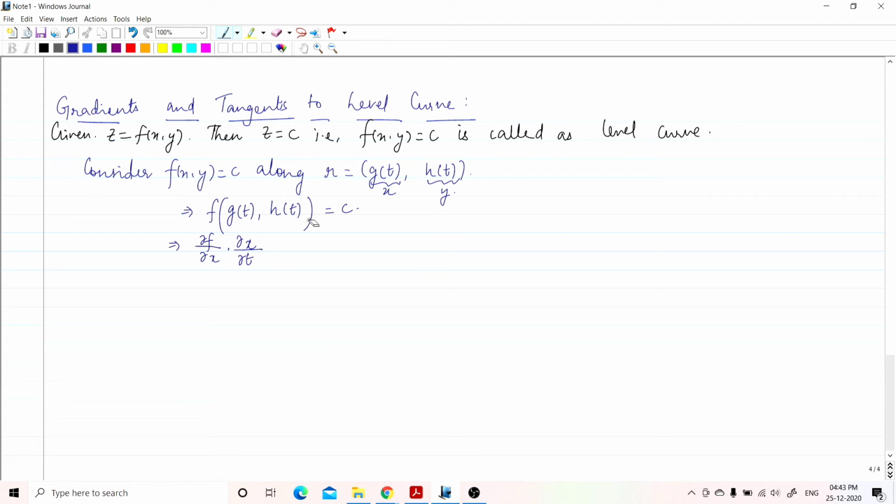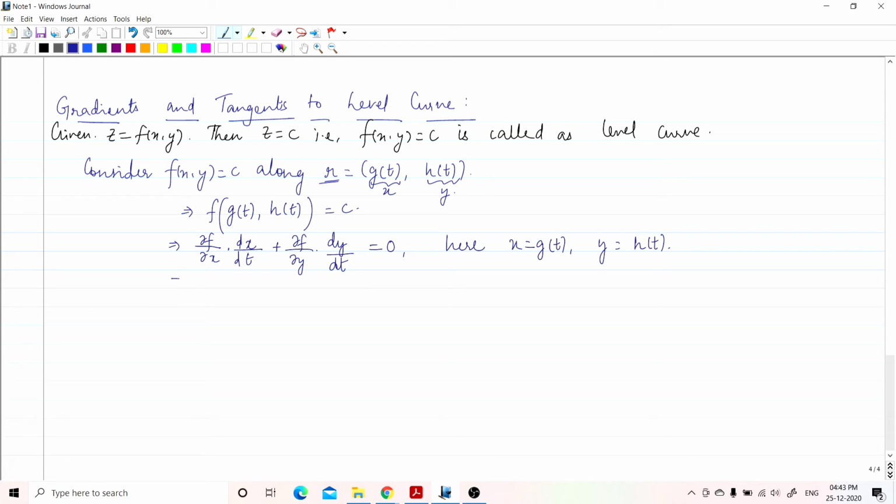But this is a function of a single variable, so it is not del, it is d. Plus del f upon del y multiplied with d y upon d t, and this is going to be equal to 0. Here we have taken along this curve, so your x is g of t and y is h of t.